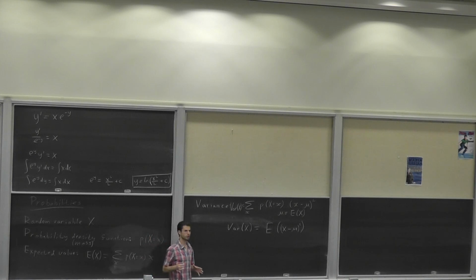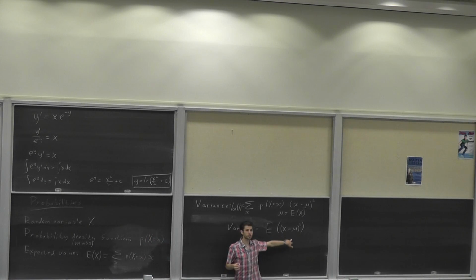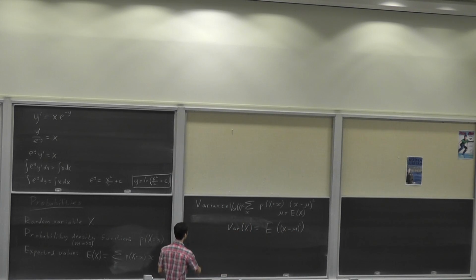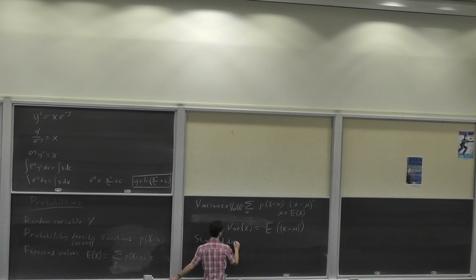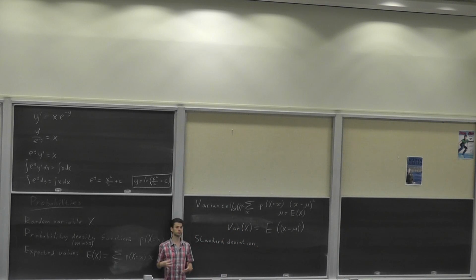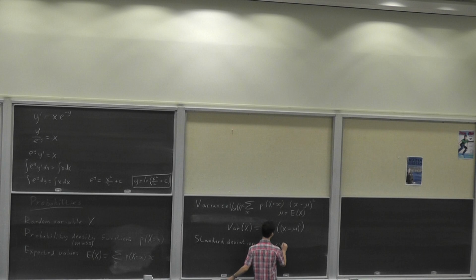So it's on average the square of the distance between the actual outcome and the average outcome. And then we also have the notion of standard deviation. This was about the square of the distance. Standard deviation is about the actual distance. So sigma of x is the square root of the variance.